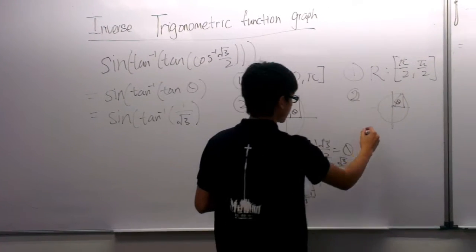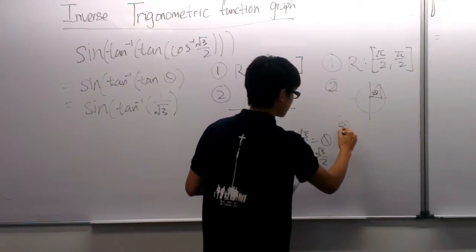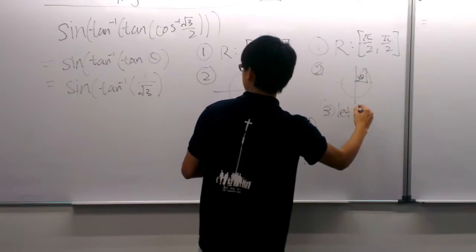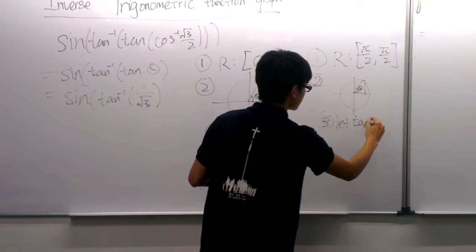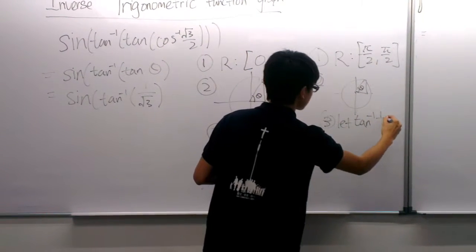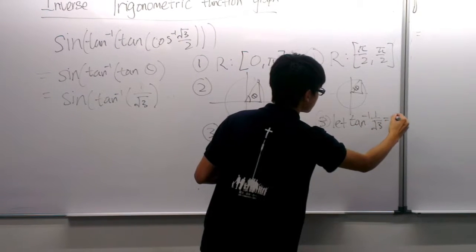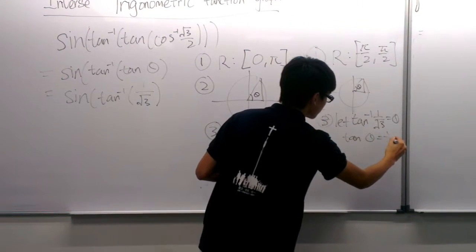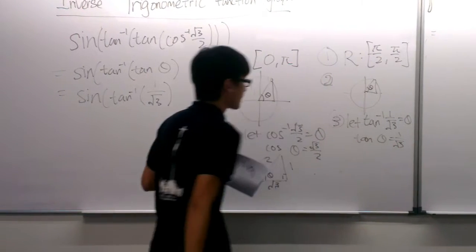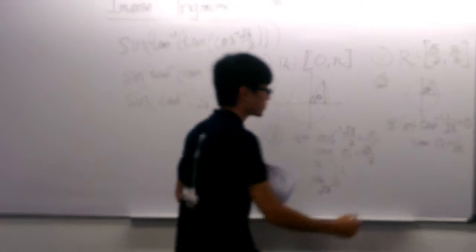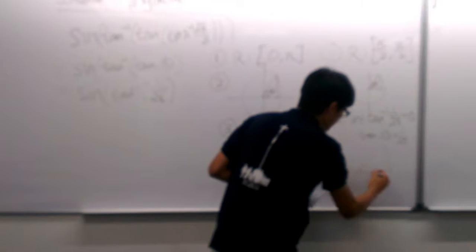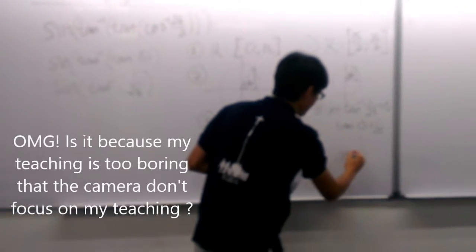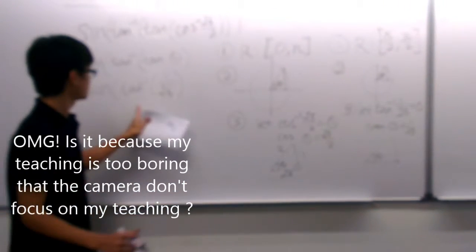Once again, we let arctangent 1/√3 equal theta, which is tangent theta equals 1/√3. Now we draw another triangle and indicate the theta.